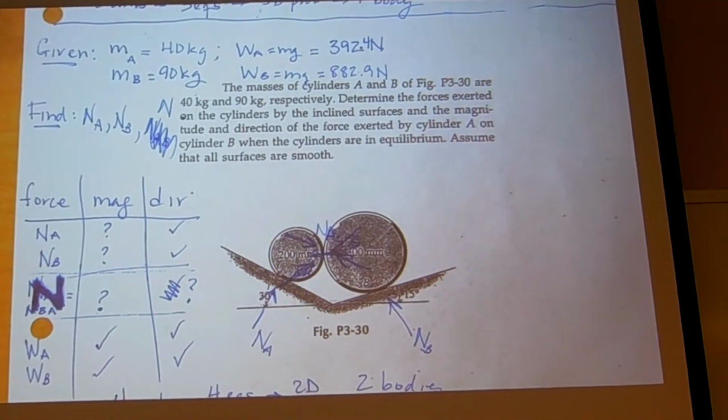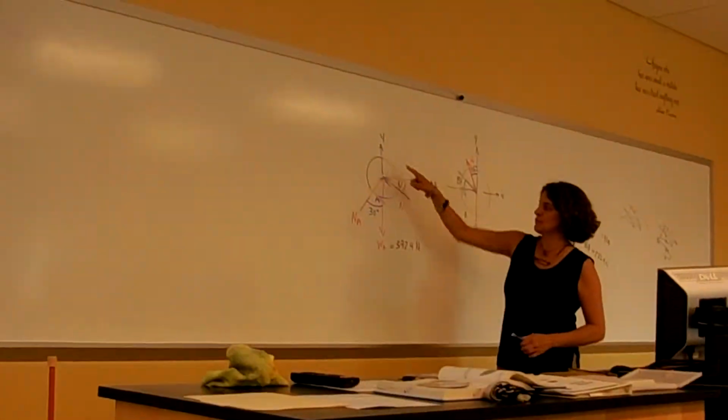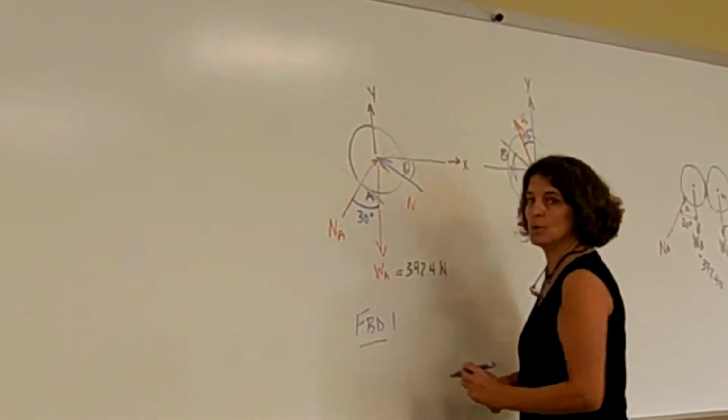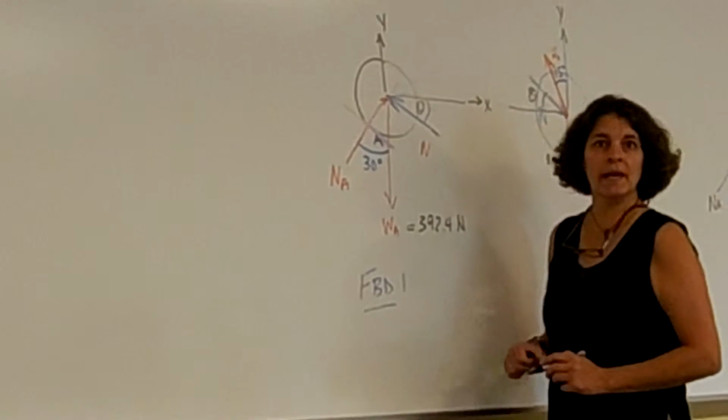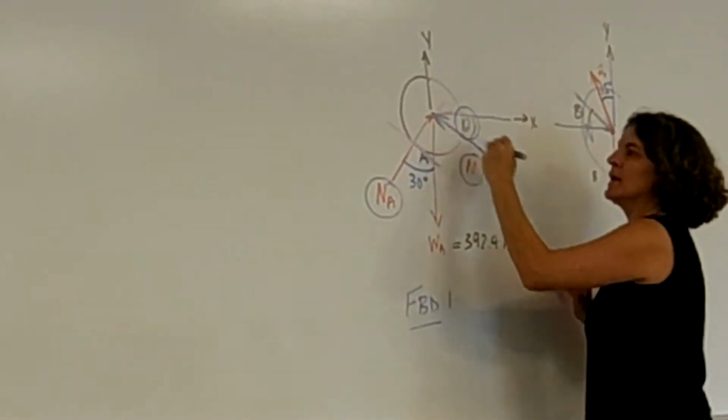Okay. If we look at here, how many unknowns do we have in this free body? Free body diagram 1 has how many unknowns? 1, 2, 3 unknowns.